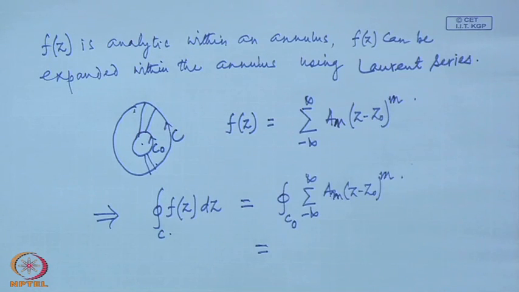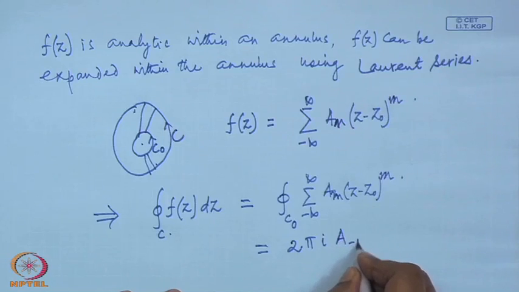This you must have done. Something which is called the residue theorem, if you know, remember it by name. The result is 2 pi i a minus 1.